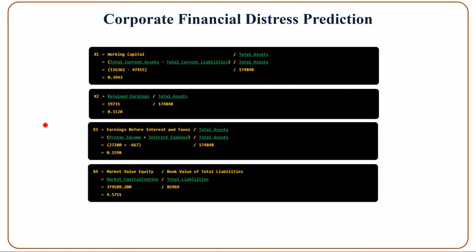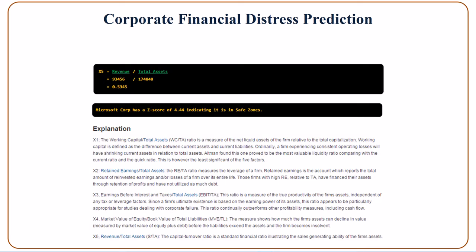From there, we can calculate the predictor variables X1, X2, X3, X4, and X5. Plug the predictor variables from X1 to X5 into the formula, and we get the Z-score for Microsoft, which is 4.44, indicating that it is in the safe zone.